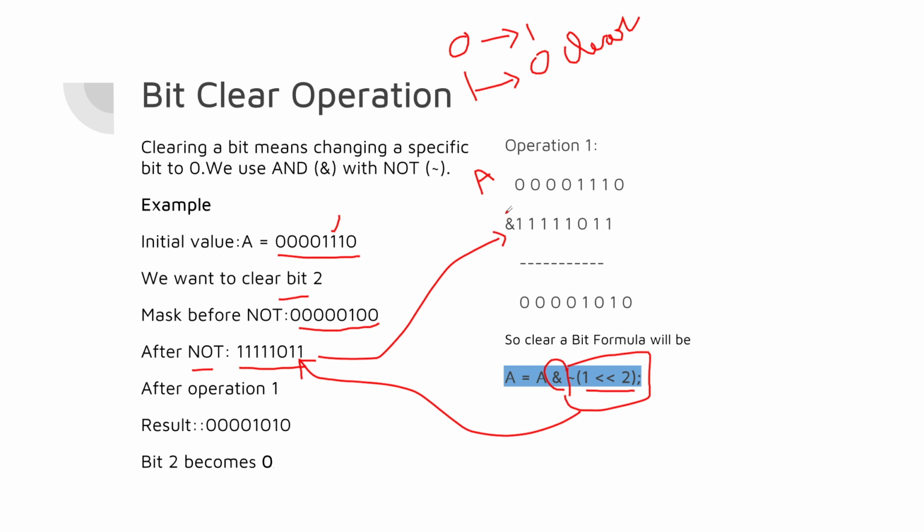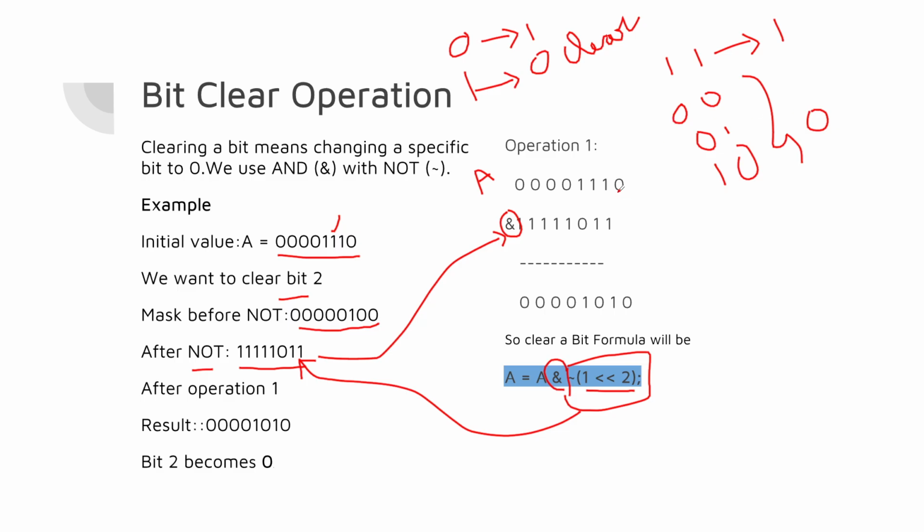You know what will happen when we are doing AND operation. If both the inputs are 1, then only we obtain the value as 1. In all the remaining cases, like if both are 0 or any one input is 0, the output will be 0. So this is the truth table of AND.